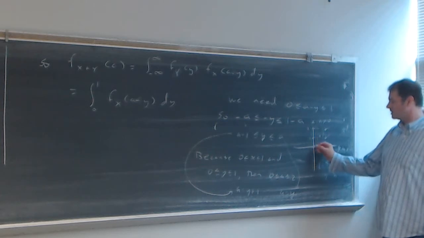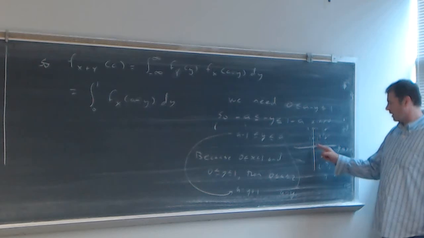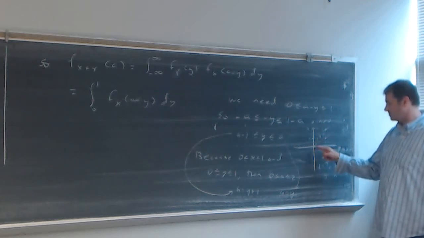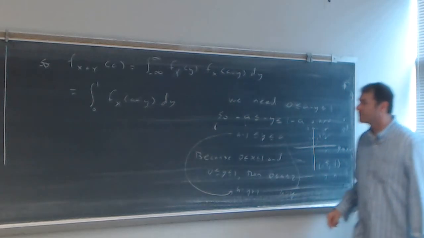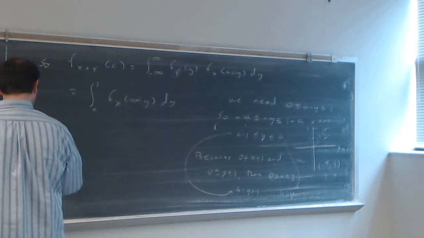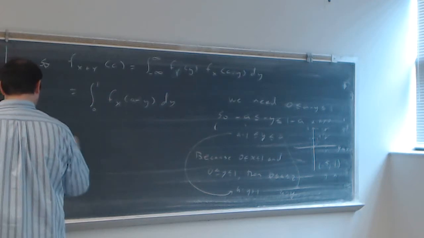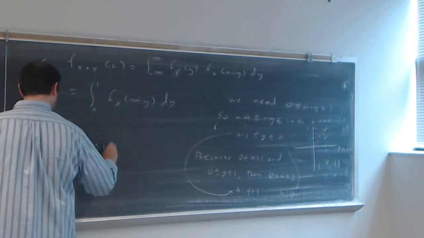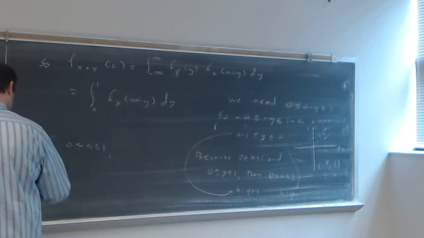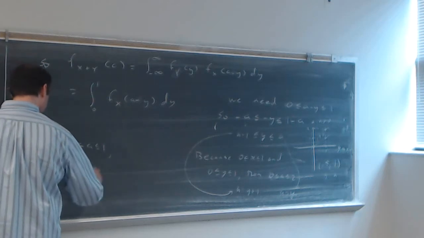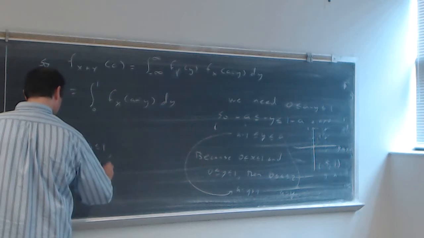So if a runs from 0 to 1, then the y values, that's along here, the y values run from 0 to this line, which is a. So here's where I am. So if 0 is less than or equal to a is less than or equal to 1, this PDF is equal to an integral from 0.